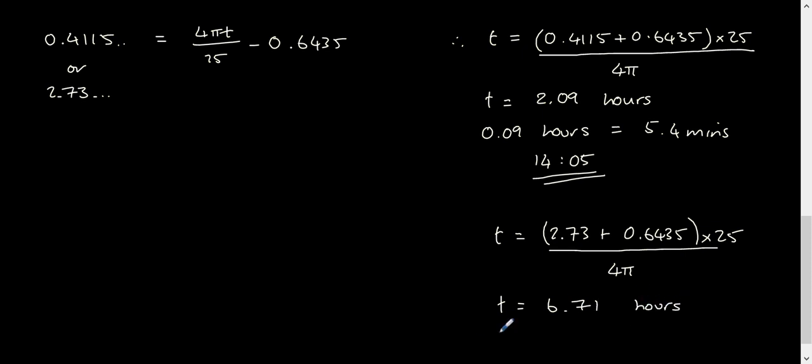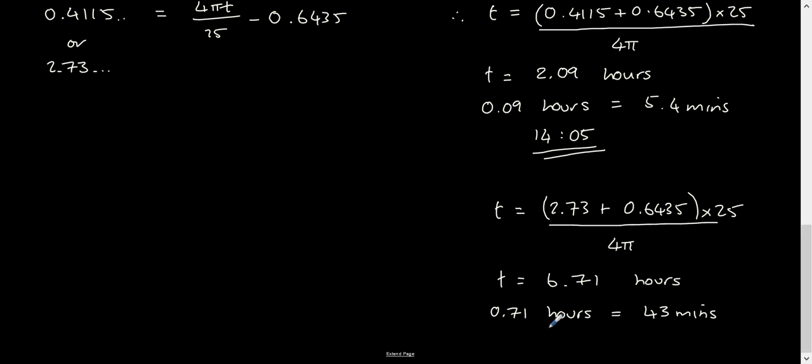And again, 0.71 hours is how many minutes? We take that and multiply by 60. It's 42.6 minutes, so 43 minutes to the nearest minute. So we have 6 hours, 43 minutes, so 6:43 p.m. or 18:43. And that is the R method.